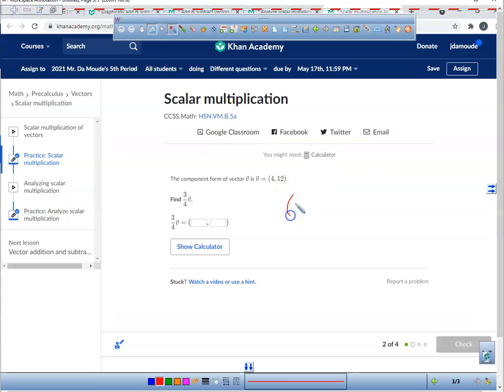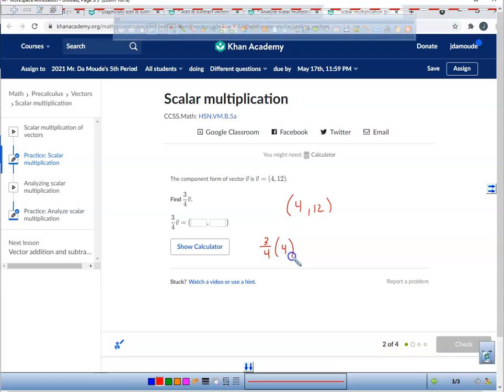So if I have a 4 and a 12 and it says find 3/4 of that, I have to take 3/4 of the 4 and 3/4 of the 12. So 3/4 of 4 is just going to be a 3, because those will cancel out. And then 3/4 of 12, 4 goes into 12 3 times, that's going to be a 9.